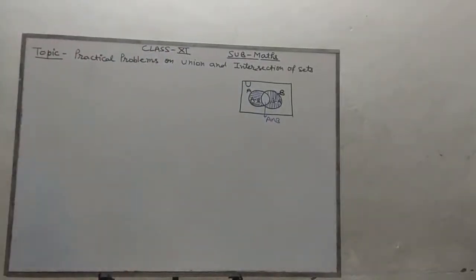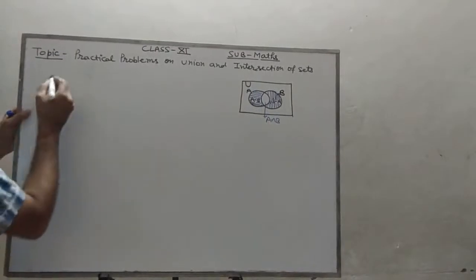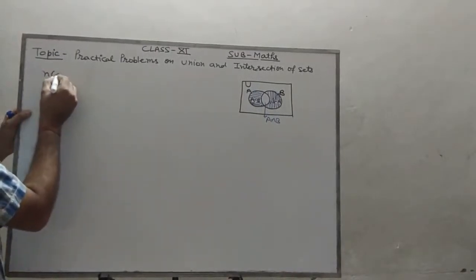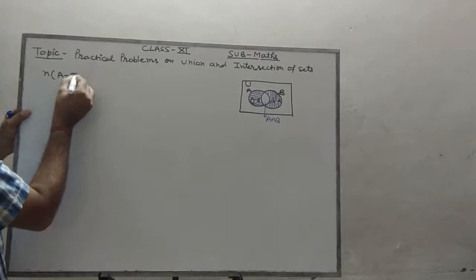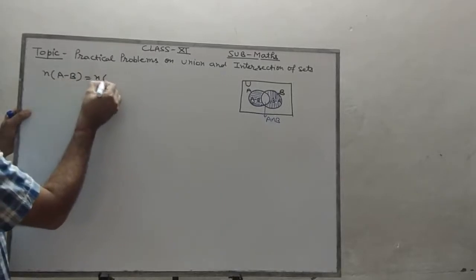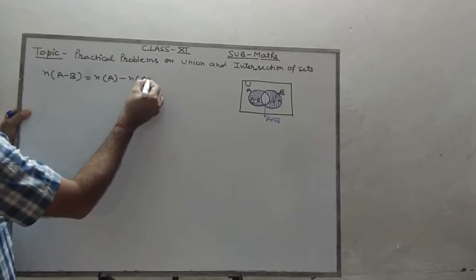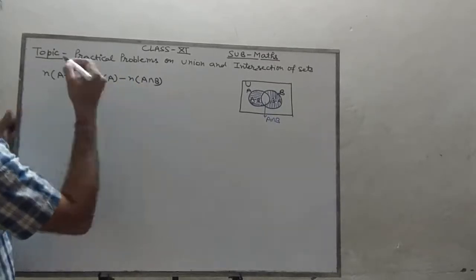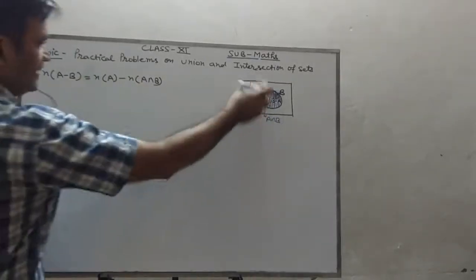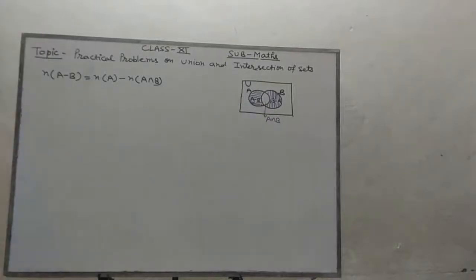If you want the number of elements in A minus B, it is given by the number of elements in A minus the number of elements in A intersection B. We exclude the A intersection B from the complete set A, then we will get A minus B.